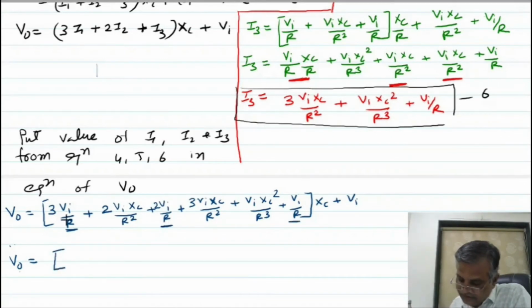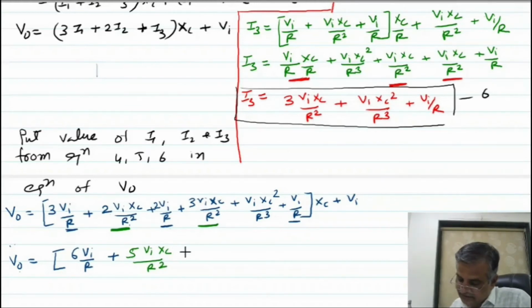So you can say that 3 plus 2 plus 1, 6 Vi by R, plus 2 Vi Xc by R square and 3 Vi Xc by R square, so it is nothing but 5 Vi Xc upon R square.